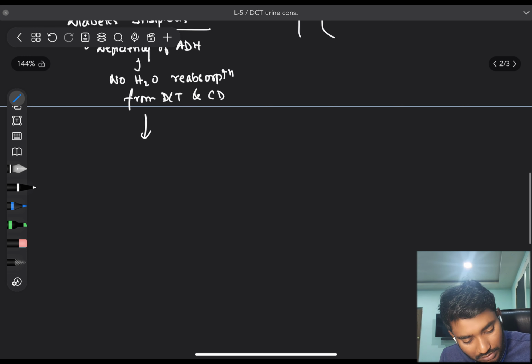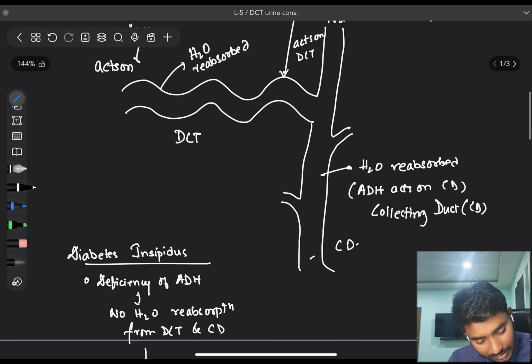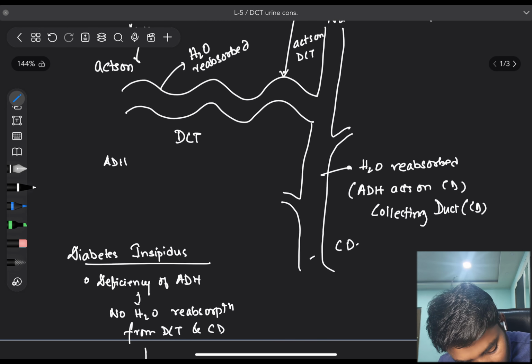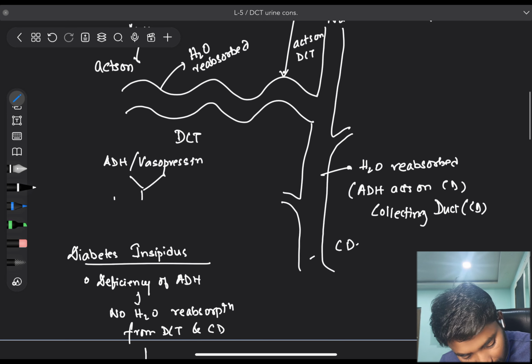Okay, now what happens? It is a collecting duct. Okay, so the ADH here, or vasopressin, it constricts the blood vessels. It's a vasoconstrictor.